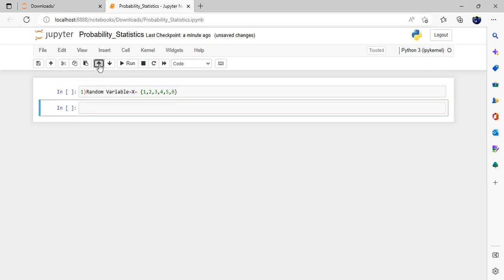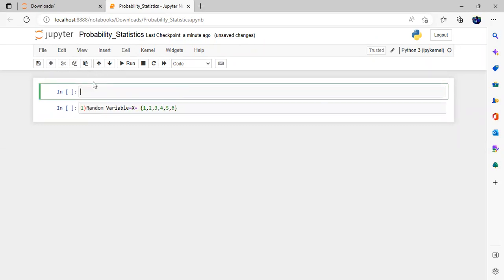These are the sides of dice, so these are the 6 sides. This is a random variable having the set x.